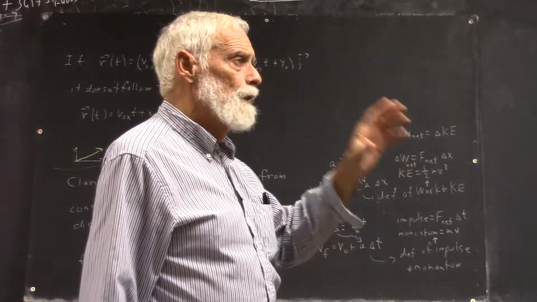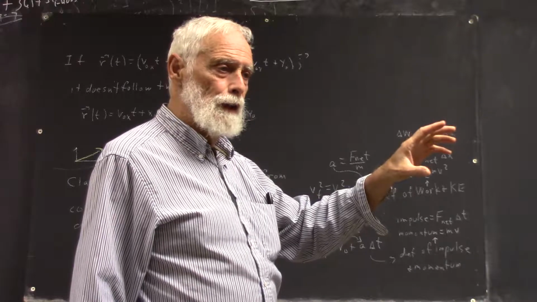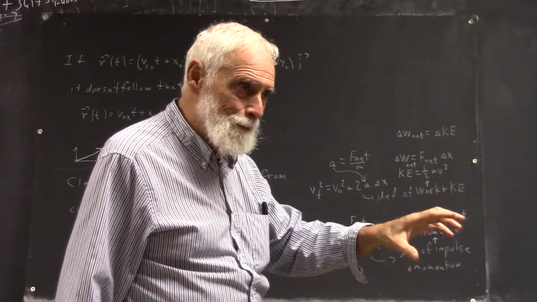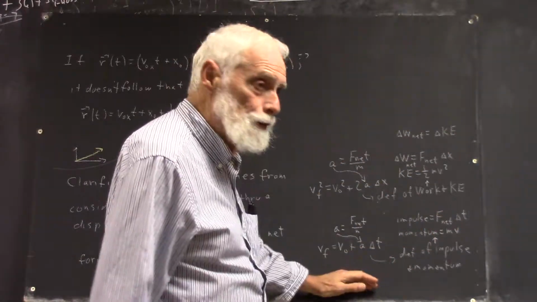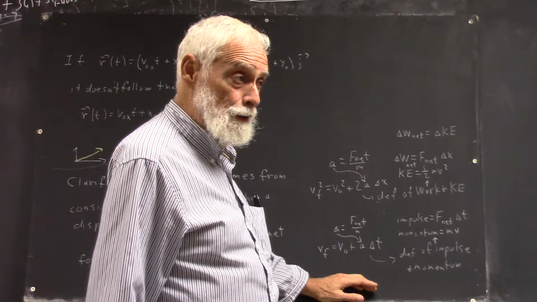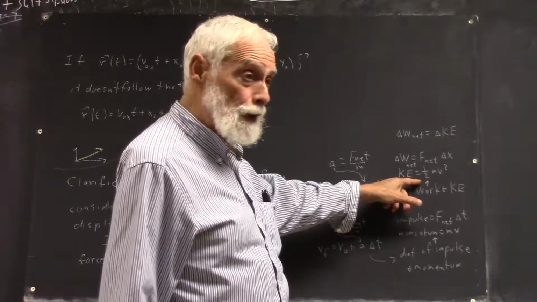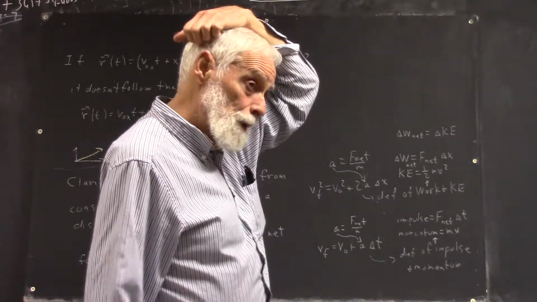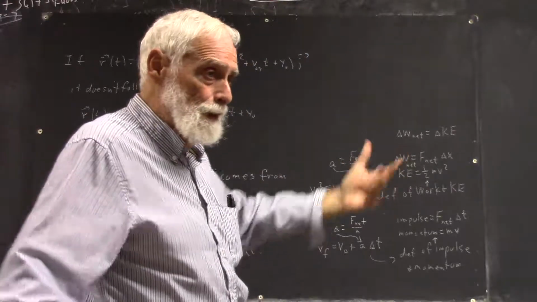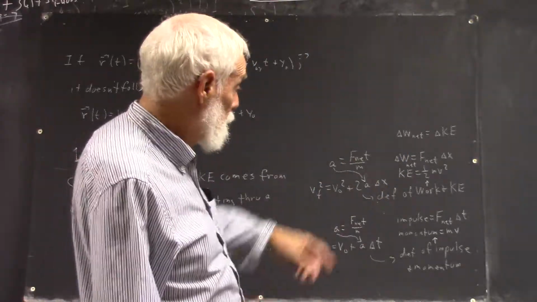Those are not just formulas that you memorize. They have a meaning that comes out of understanding what's going on here. There's a reason this has the 1/2. It could also be done with calculus, and the 1/2 comes from integrating velocity with respect to velocity.